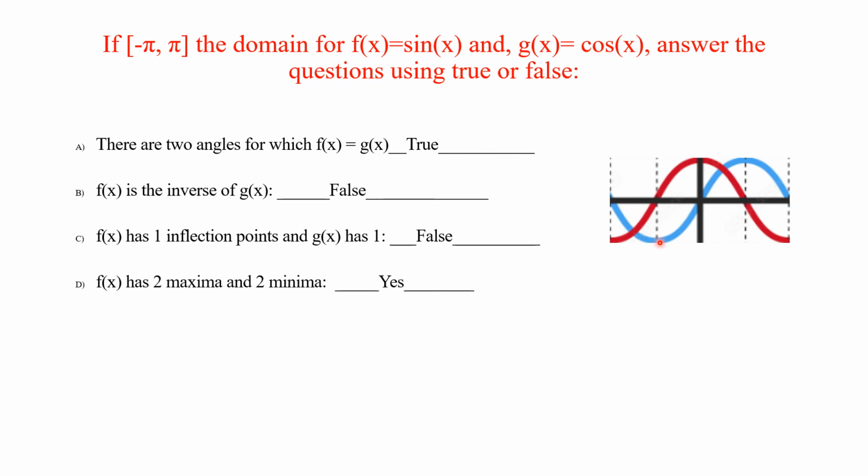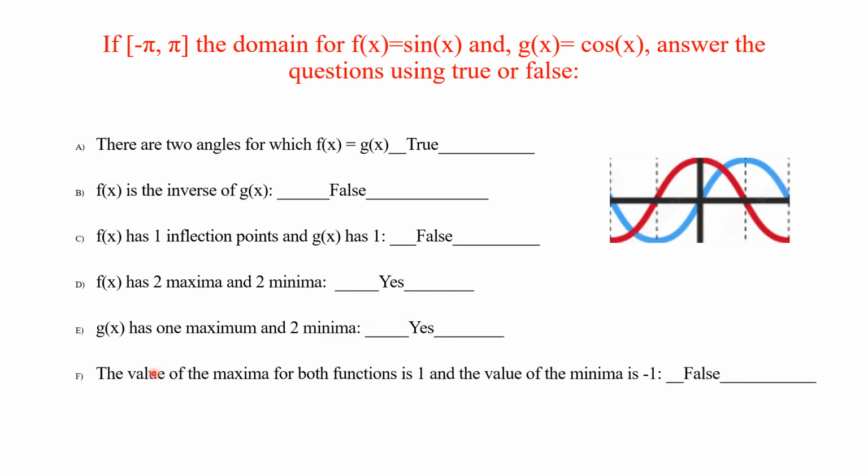That's the only absolute minima over here, but also it has a local minima at this point. So the answer is yes. G of x has 1 maximum and 2 minima, and the answer is true. G of x is in brown. This is the only maxima, and this is the minima on this end, and this is the minima on the other end. So the answer is true.